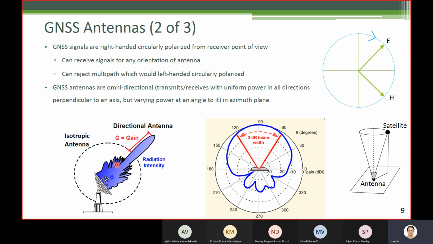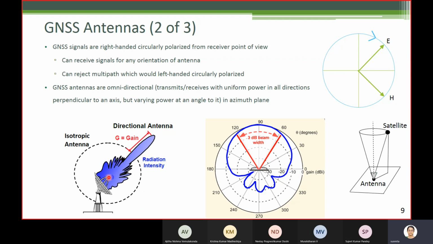Now here we defined it in the context of a transmitting antenna. Now the same antenna, if it is used for signal reception purposes, will receive signals only from this direction. Because it will apply the gain to the incoming radiation. And it will apply a high gain only when the radiation is coming from this direction. It will apply almost zero gain for radiations coming from other directions.